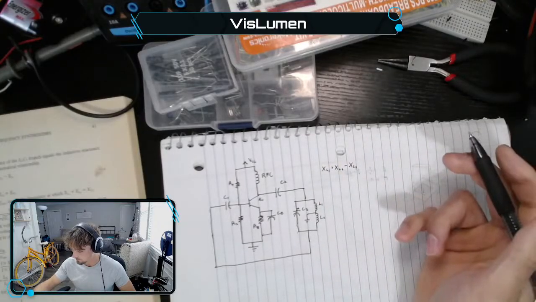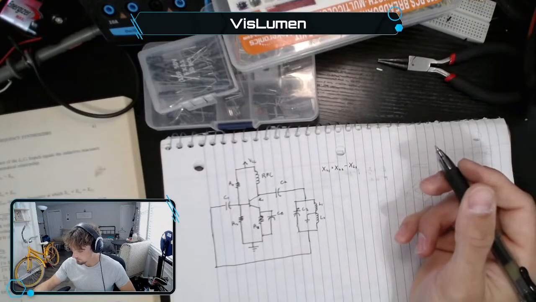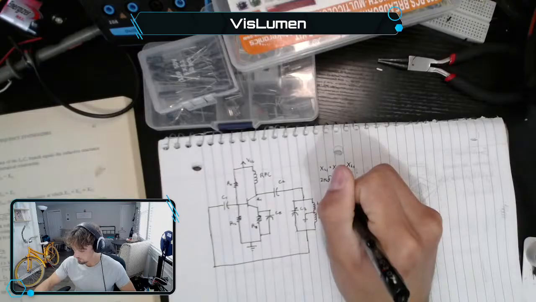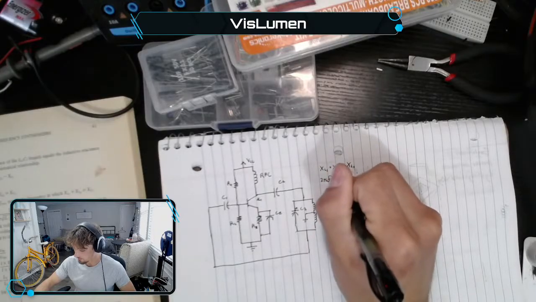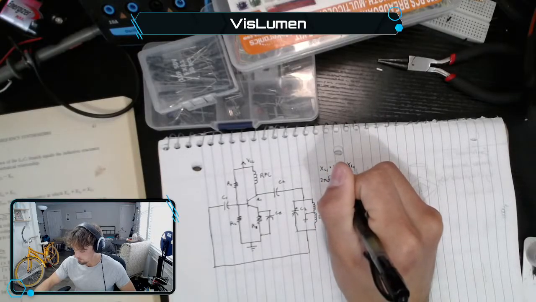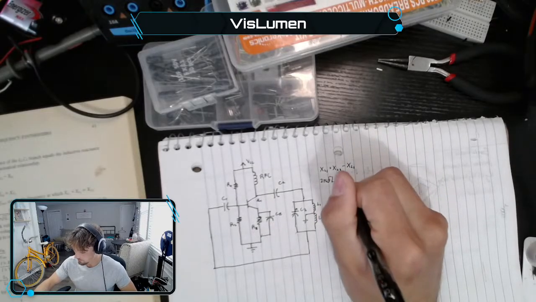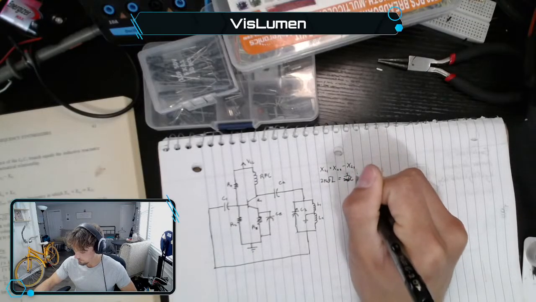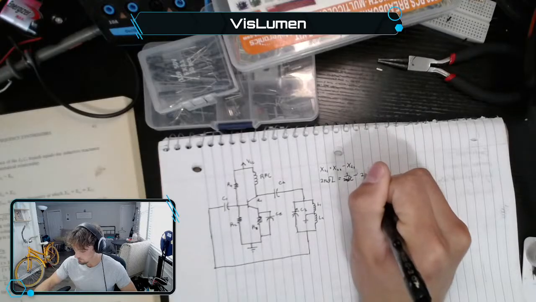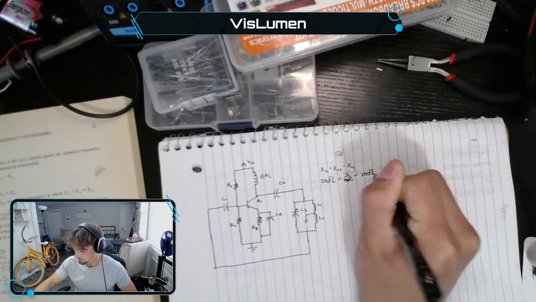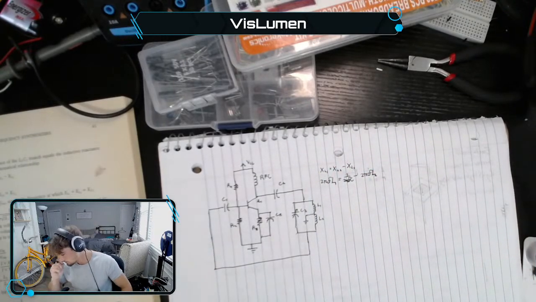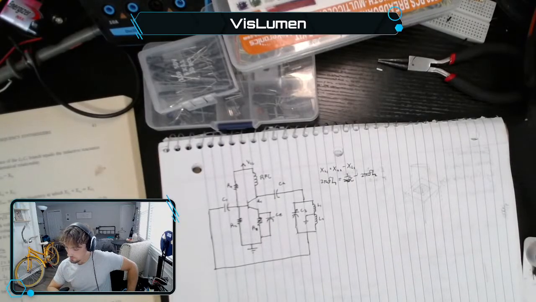Sure. Okay, so this is gonna be 2 pi f L. Oh my gosh, why am I drawing a blank? 2 pi f L equals 1 over 2 pi f C minus 2 pi f L, XL2, L2, L1. Yeah? 2 pi f C, 2 pi f L.